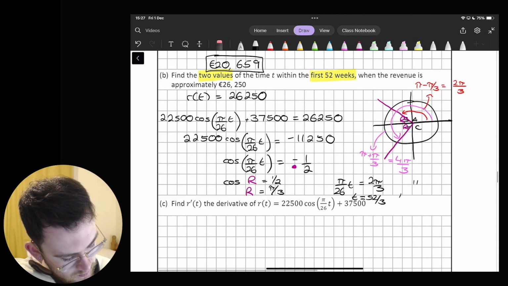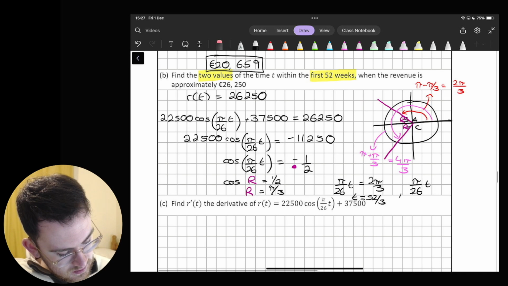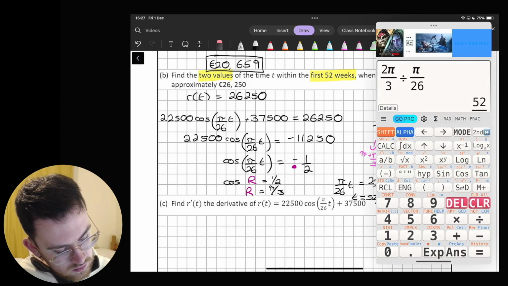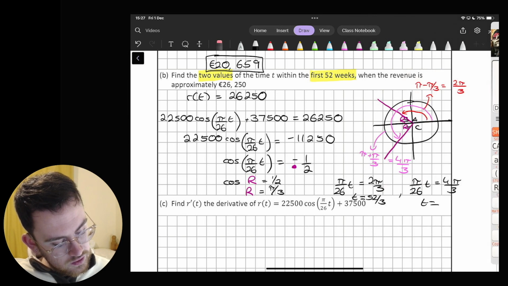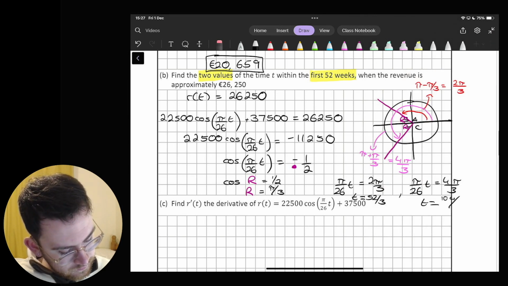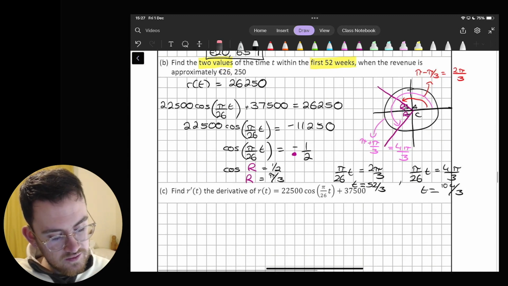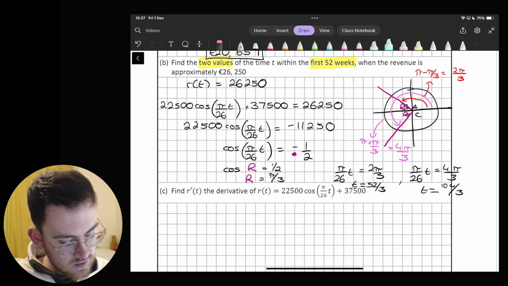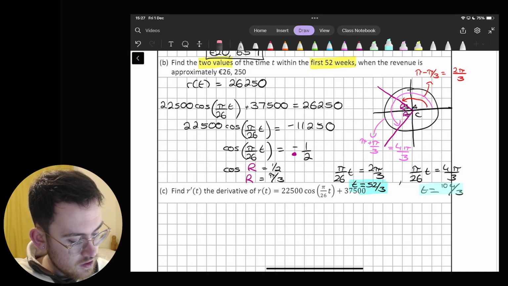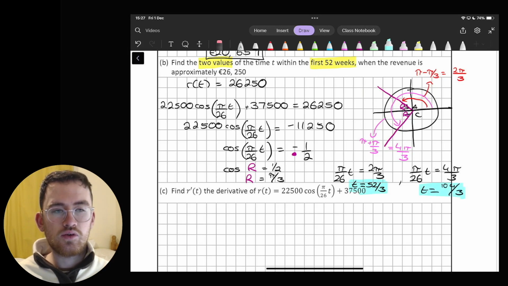And for my other option, pi over 26t equals 4 pi over 3, and we get an answer of 104 over 3. Okay, so the two times where my revenue is going to be approximately those values is 52 over 3 weeks and 104 over 3 weeks.